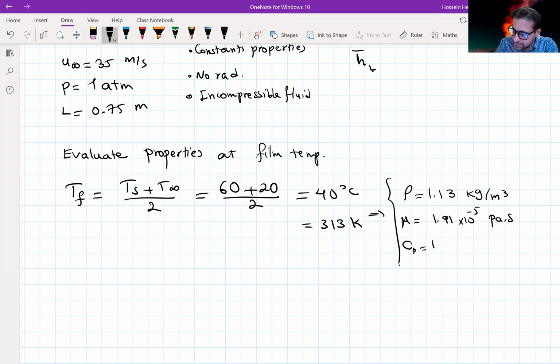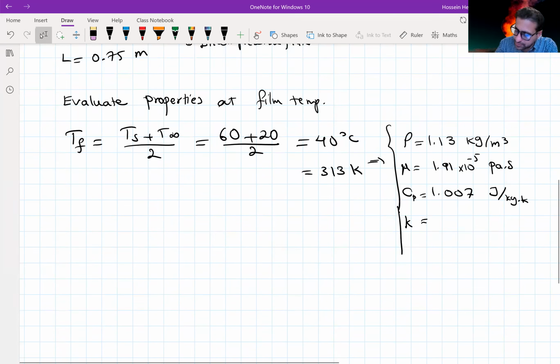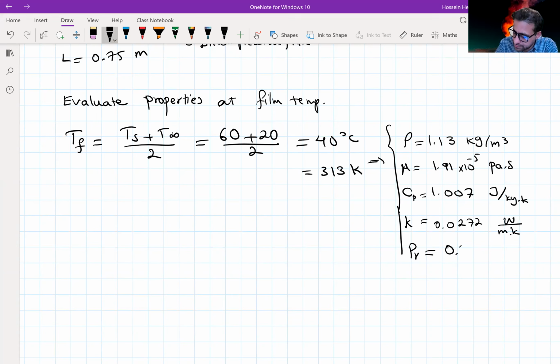Specific heat capacity is 1.007 joule per kg Kelvin. And I need a thermal conductivity, which is 0.0272 watt per meter Kelvin. And we can read the Prandtl number as 0.70 for air. So these are the properties that we are going to use.